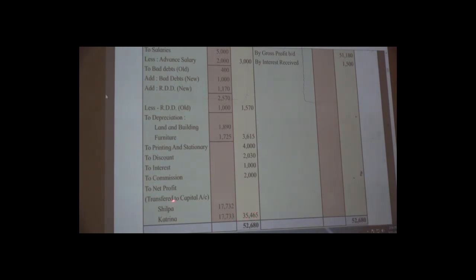Now remember that as we are learning the problems on partnership final account, we will have to distribute this profit amongst the partners. In our business there are two partners, Shilpa and Katrina. Their profit sharing ratio is not given in the problem. Yes, we have observed at the very starting point that there is no mentioning of profit sharing ratio.